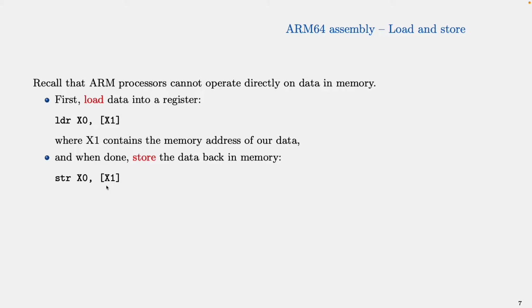Now, this is a bit unusual for people who are used to the x64 assembly, because here the destination of the memory movement is actually the second argument, whereas in x64 it's almost always the first argument, which is the destination for the data movement. So you have to be aware that this is a bit unintuitive if you're used to x64.